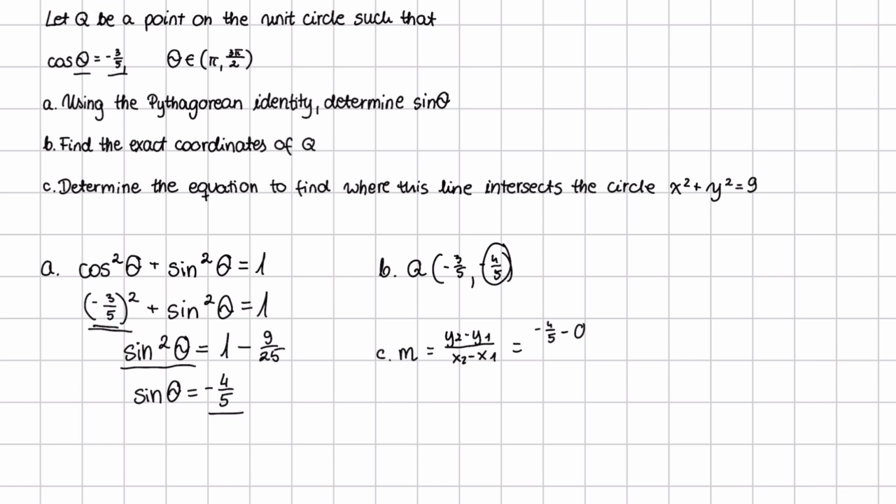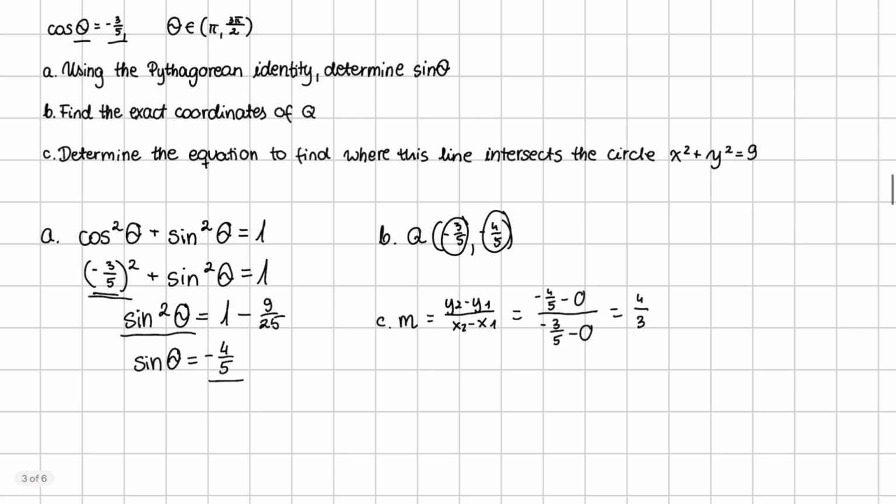We can also treat this point with coordinates x1 and y1 as our origin, so 0, 0, and below we have x2, so our negative 3 over 5 minus 0. So from this we have simply 4 over 3, of course positive.